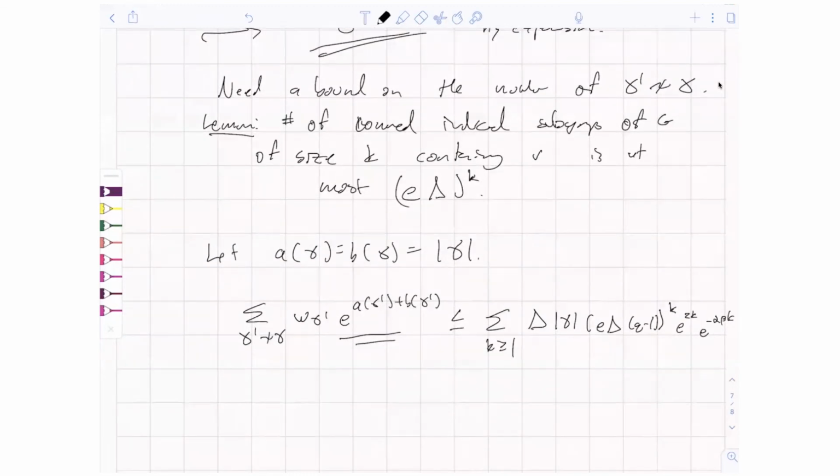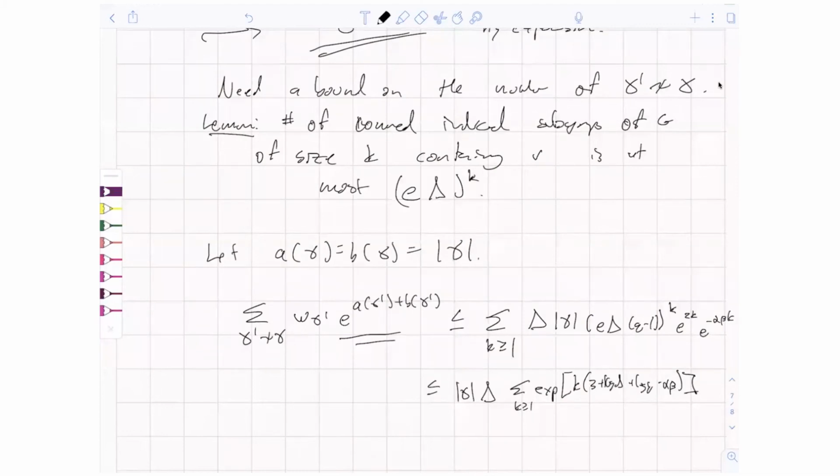Okay, so some things pop out. So we got a size of gamma, we got a delta, and then we got a sum over K at least 1 of some exponential. K multiplies everything, and then what do we get? We get something like 3 plus log delta plus log Q. And then the important one is minus alpha beta.